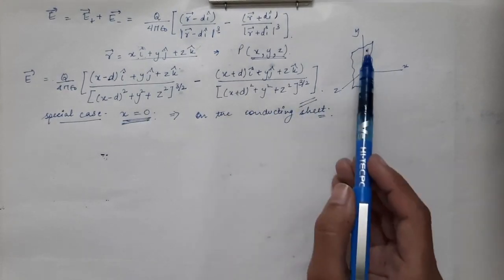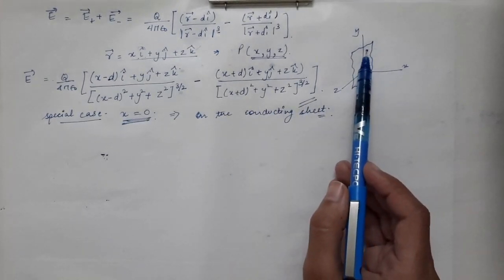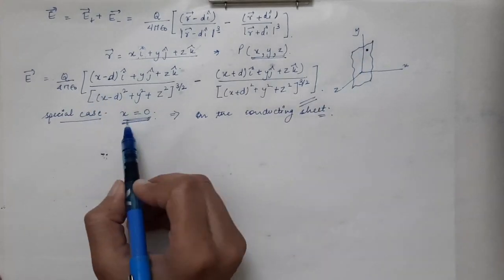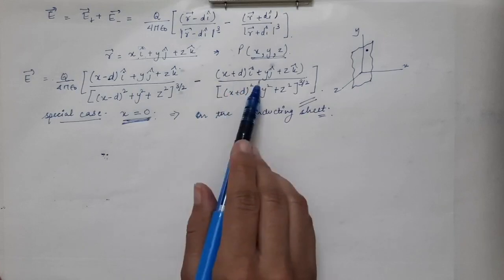So what will be the electric field at the observation point which is placed on the conducting sheet? In that case you will just insert x equal to 0 in the above equation.